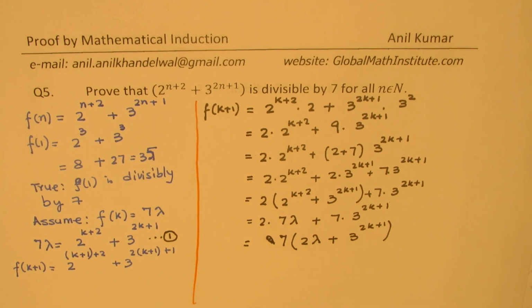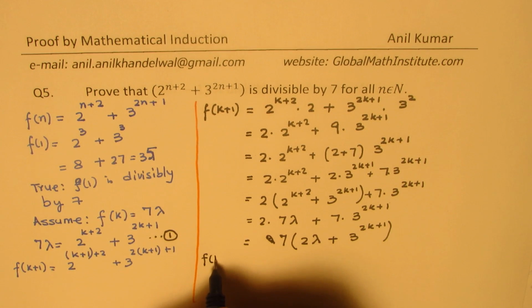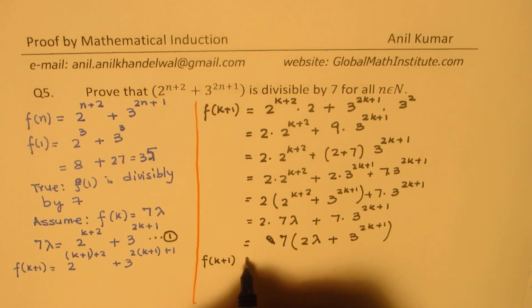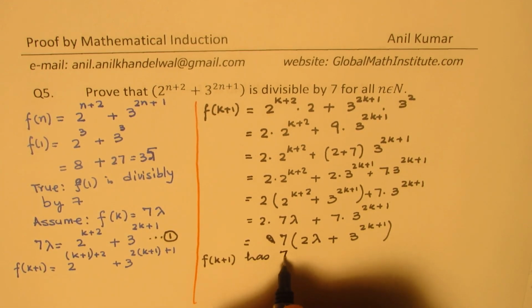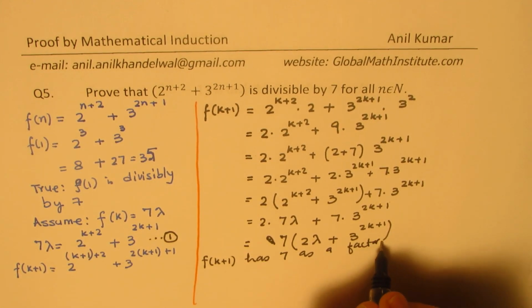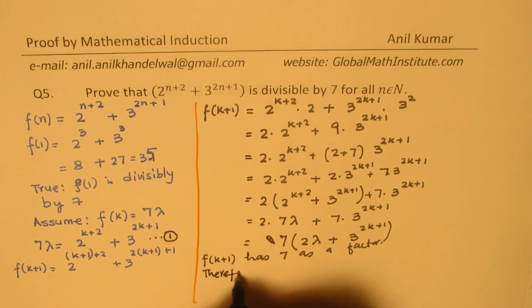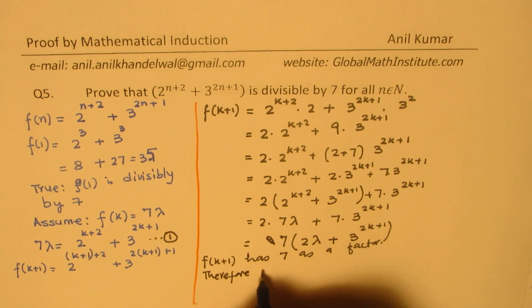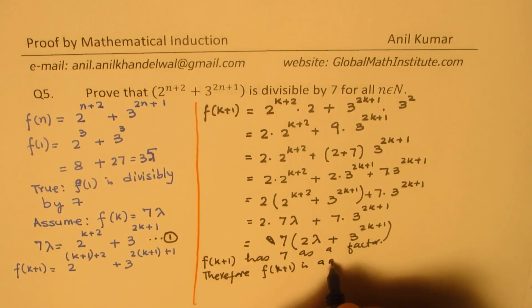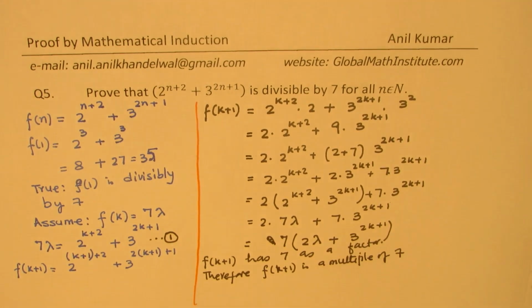Clear? So clearly, we have shown that f of k plus 1 has 7 as a factor, right? Therefore, we have shown that f of k plus 1 is a multiple of 7, correct?